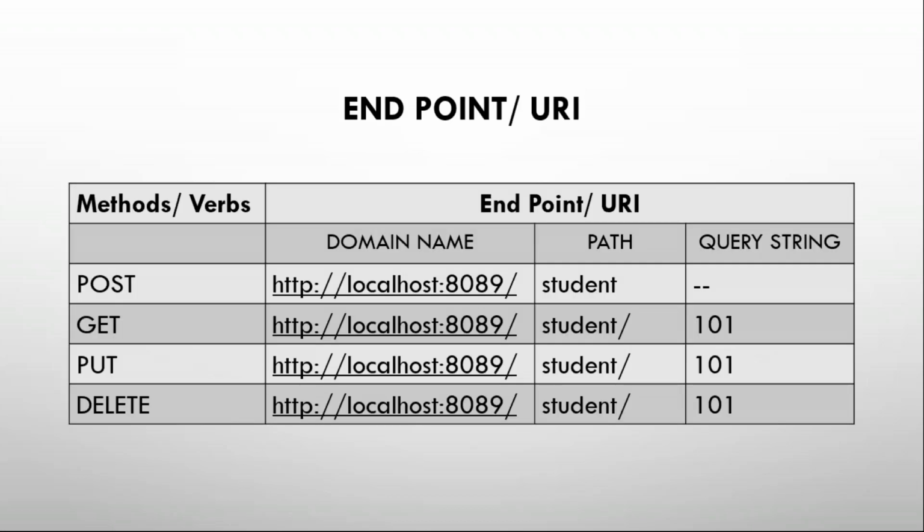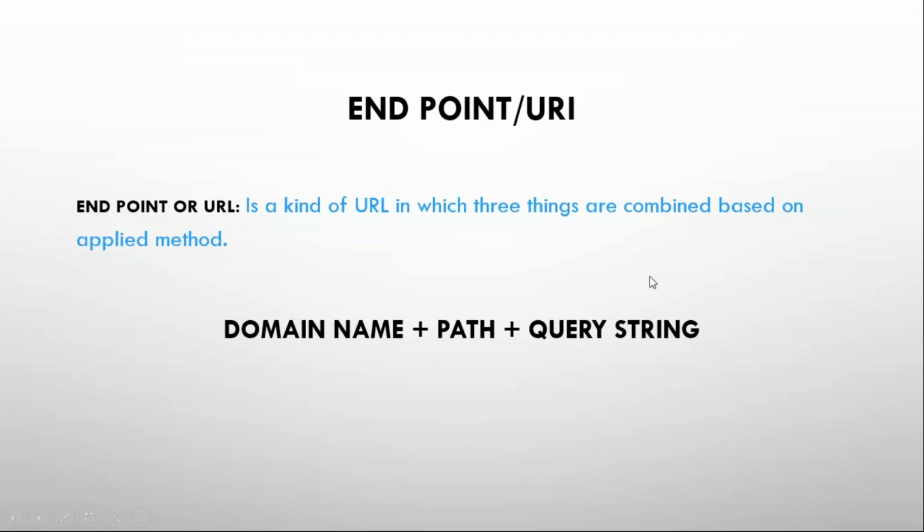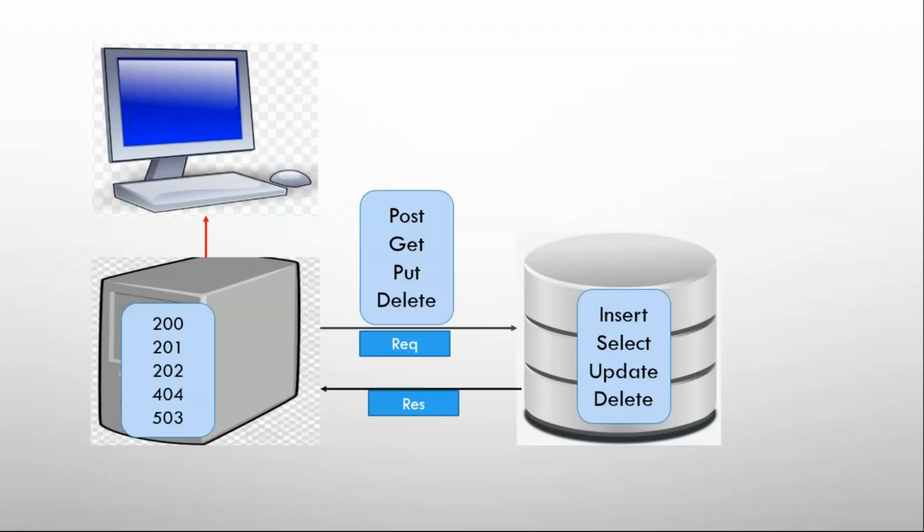So now if I send these things, this URL, URI or endpoint, up to here, student will help me to send a request here. Fine. So we are sending post, get, put, delete. For these four methods, we are sending requests.